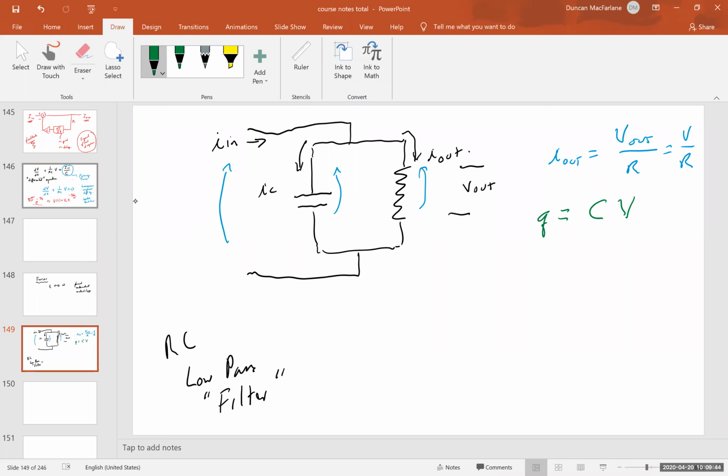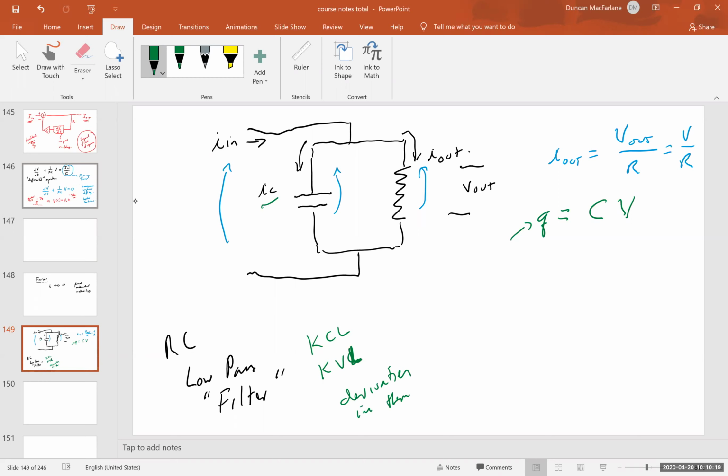Now, what's hard about what we're about to do is that if I need to move from the charge to a current, then I need to take a derivative. So my Kirchhoff's current law and Kirchhoff's voltage law are going to have derivatives in them, and so the equation will have derivatives in it.